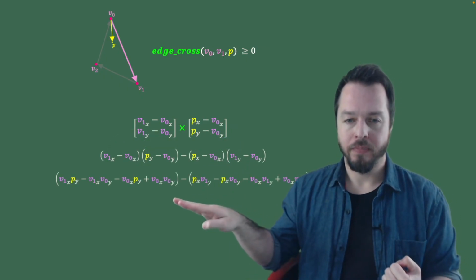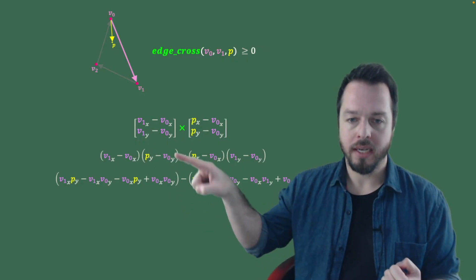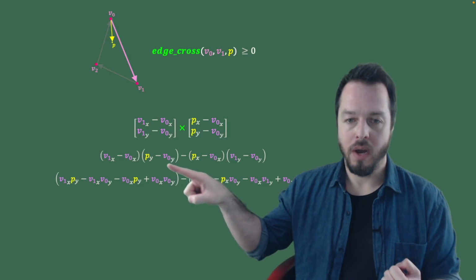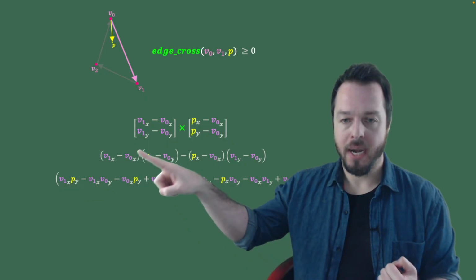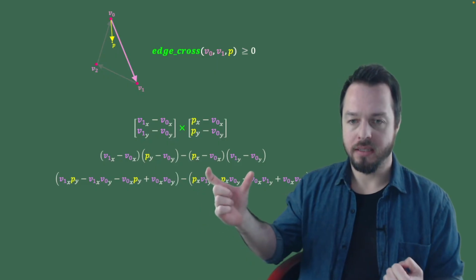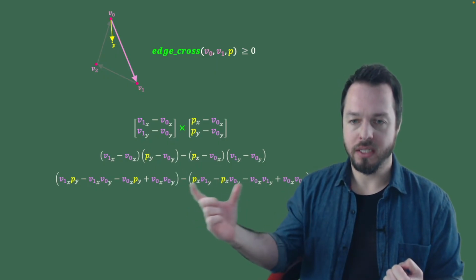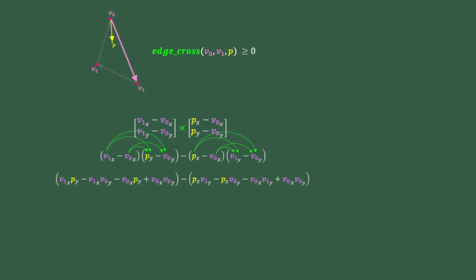So I'm going to get V1x times Py, minus V1x times V0y, minus V0x times Py, plus V0x times V0y. And then minus, I'm just keeping this minus and distributing this multiplication: Px times V1y, minus Px times V0y, minus V0x times V1y, plus V0x times V0y.